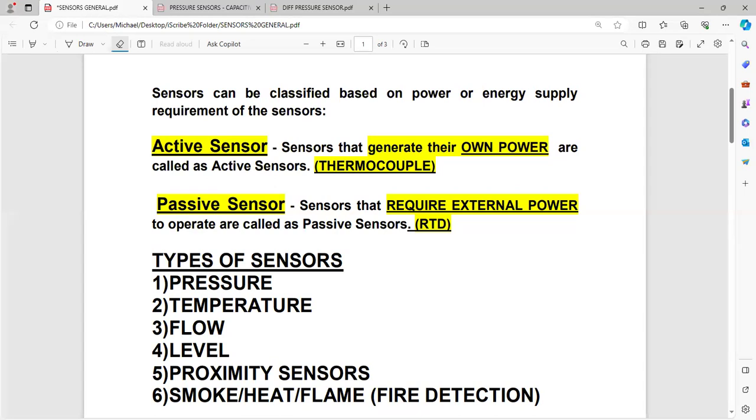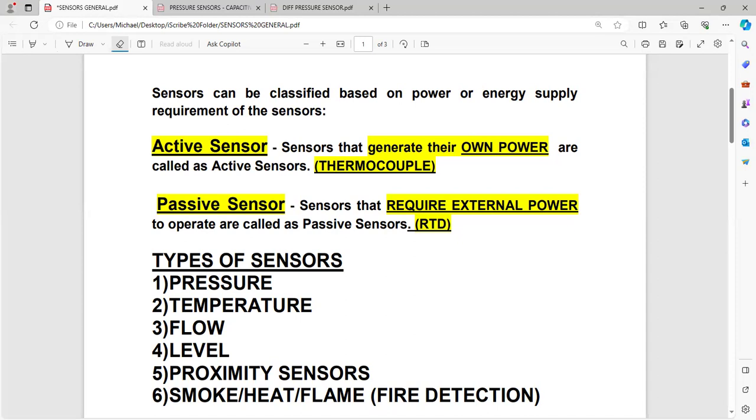Now, among these six, as we are going from one to six, we will be covering each of them. Some of the sensors are not practical for use on board ship. Yet, they are going to be asked in the orals to describe them.